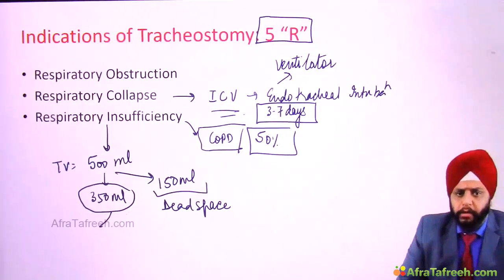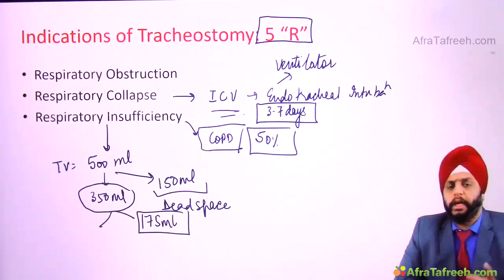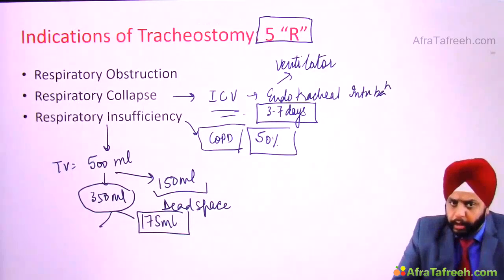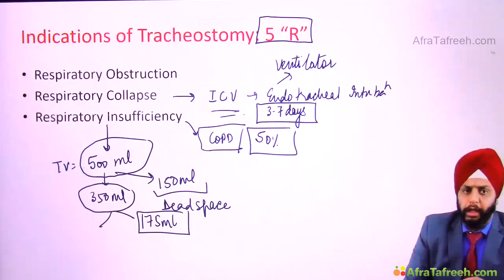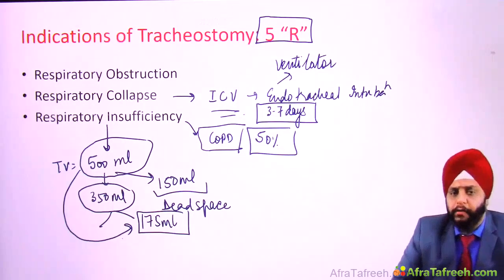So 350 ml goes into the alveoli, but only 175 ml is involved in the gaseous exchange. So you can see out of 500 ml, this is the effort the patient is putting in, and he's able to utilize only 175 ml, approximately only 35% of the air.